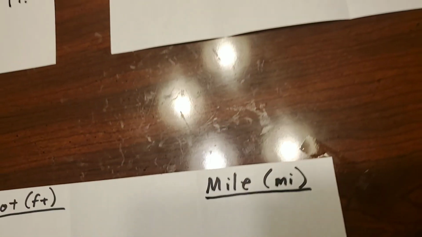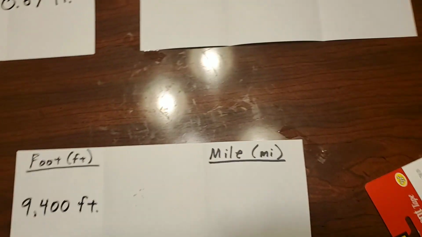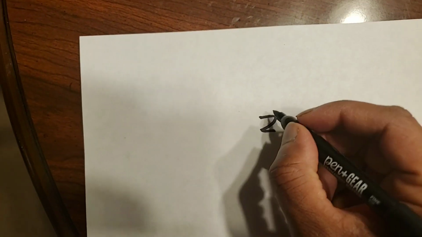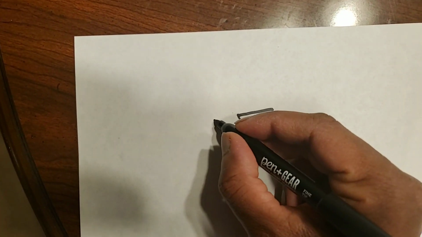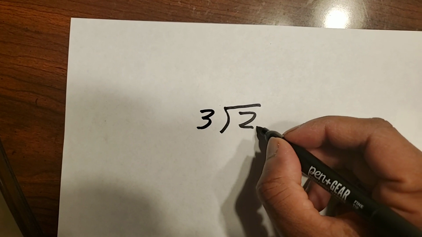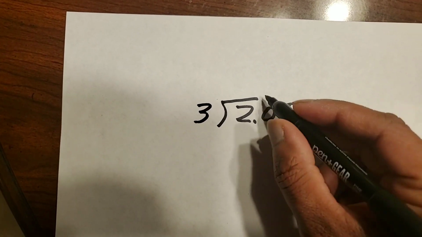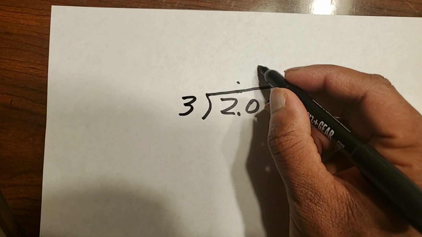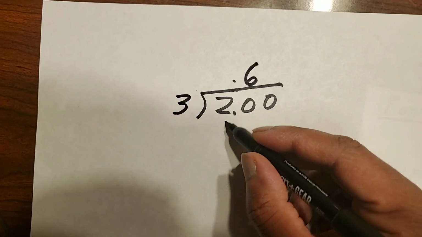That's okay. 2 divided by 3. There we go. 6 times 3 is 18.